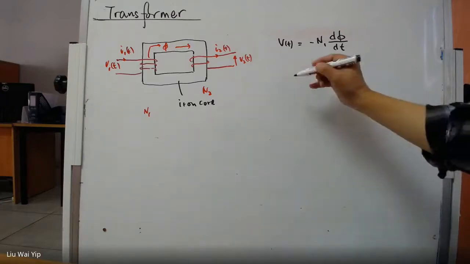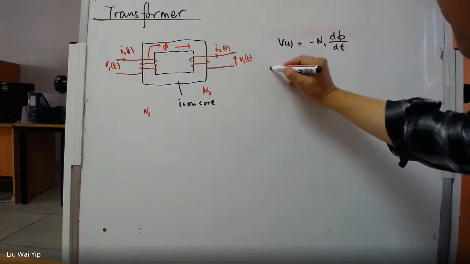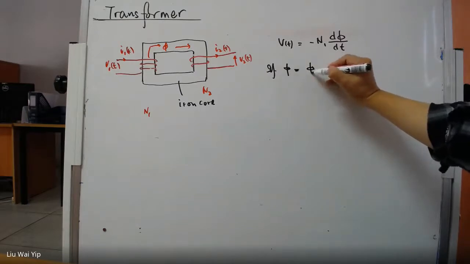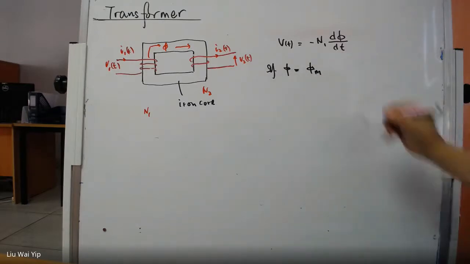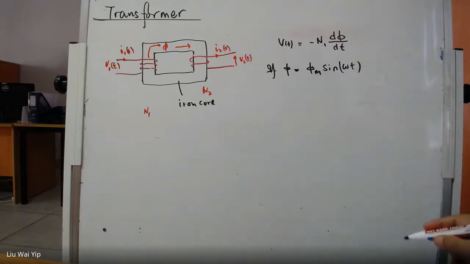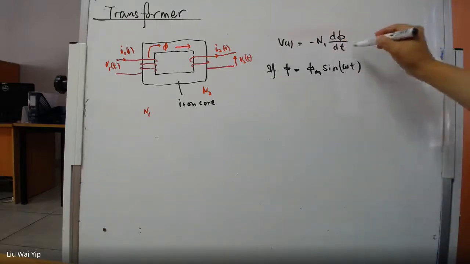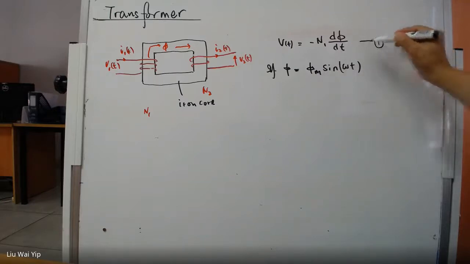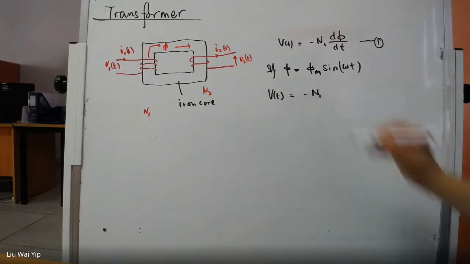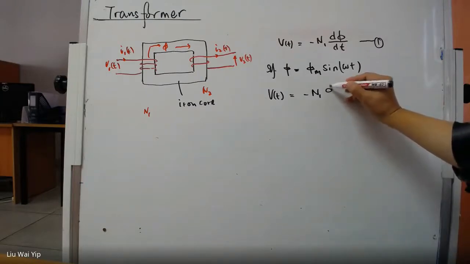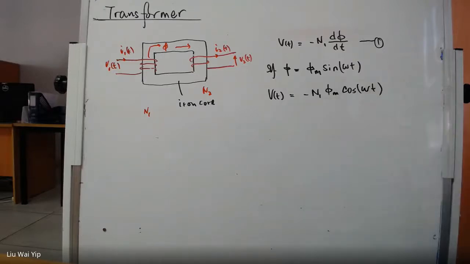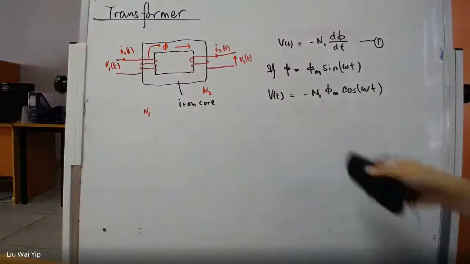Now, if phi is the magnetic flux given by phi m, which is the maximum magnetic flux, sine omega t, then if we substitute the variable phi into equation 1, what we are going to get is V(t) equals N1 phi m omega cos omega t, okay? Do not forget that you have an omega here.